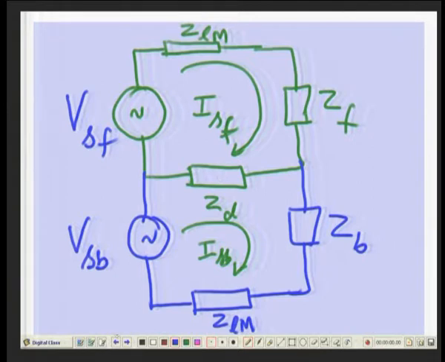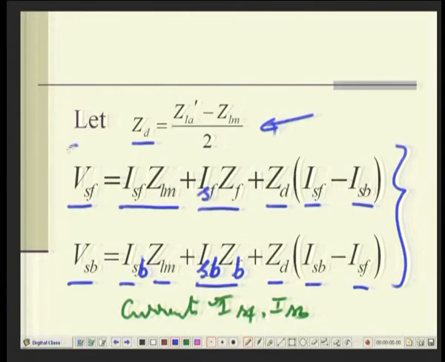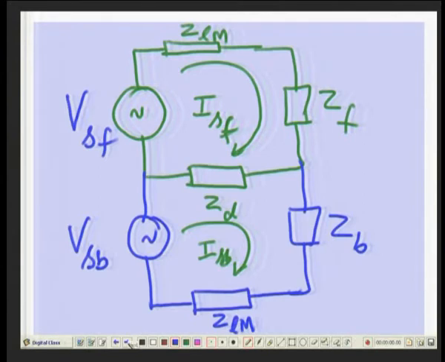This loop will satisfy both these equations: ISB ZLM, ZB, ZD minus ISF ZD. I hope it is very simple. With so many complicated arguments, we end up with a very simple circuit. And where ZD is what? ZLA dash minus ZLM.